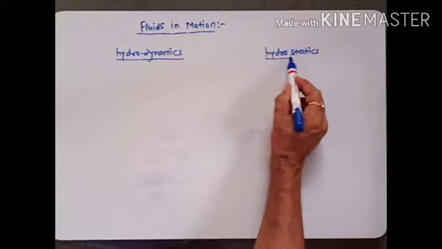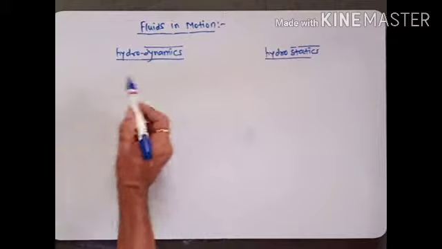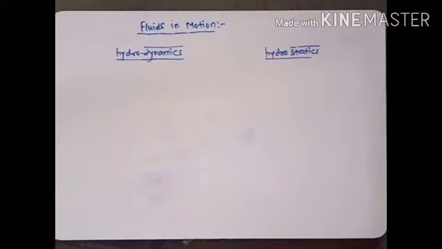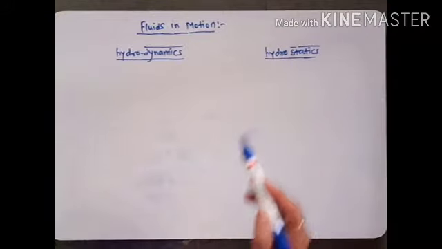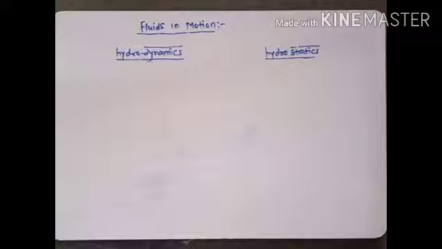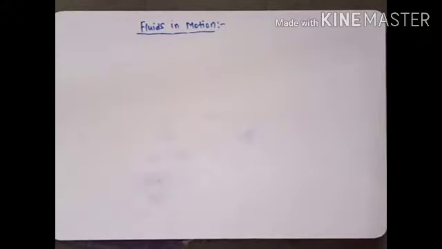See the difference here, statics and dynamics. Fluids in motion are studied in hydrodynamics, and fluids that are steady we studied as hydrostatics. I hope you understand the difference between hydrostatics and hydrodynamics.